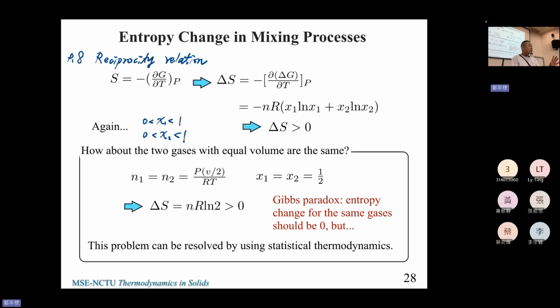It doesn't make sense if we apply this equation. This is a disadvantage of classical thermodynamics, because it doesn't take into account the possible states. It will be resolved in a new version of thermodynamics, statistical thermodynamics, in the next few chapters.